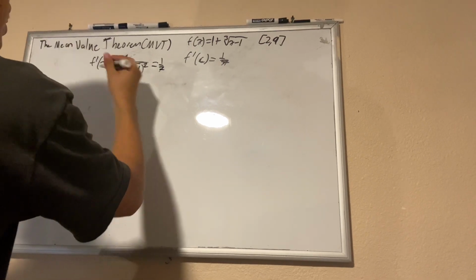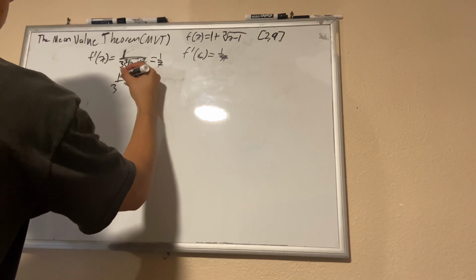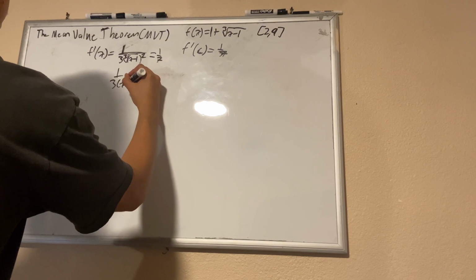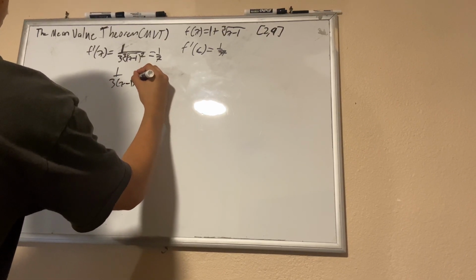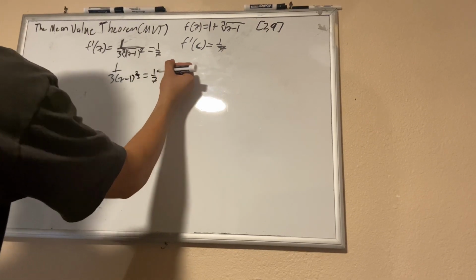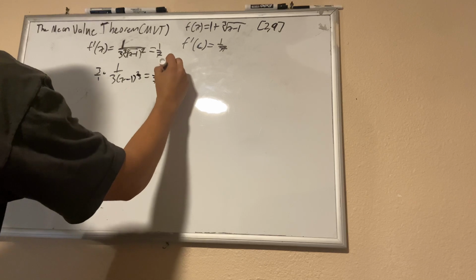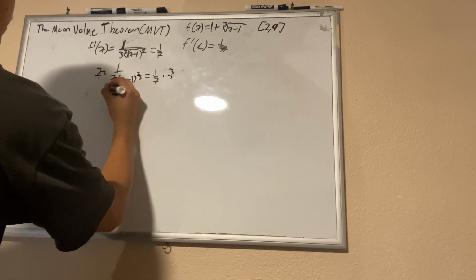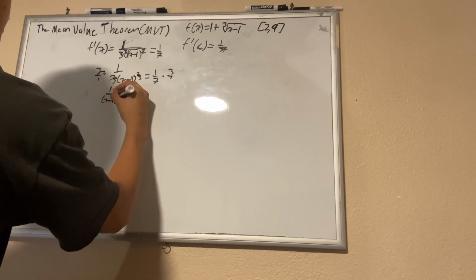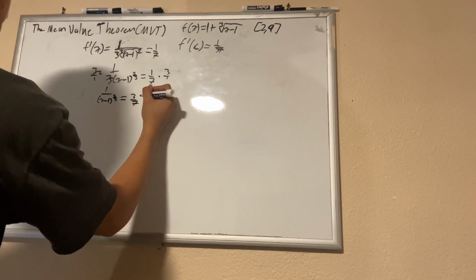So first thing we should do is rewrite this equation once again. So we gotta pretty much unsimplify it, I guess you'd say. So we do 1 over 3 parentheses x minus 1 to the power of 2 over 3 is equal to 1 over 7. From there, multiply this by 3 over 1, 3 over 1. These cancel out, so we get 1 over parentheses x minus 1 to the power of 2 over 3 is equal to 3 over 7.